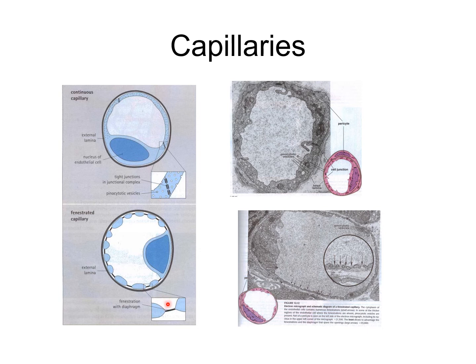The diaphragm acts like a filter paper. Continuous capillaries are present in the brain, and the fenestrated capillaries are present in the kidney.